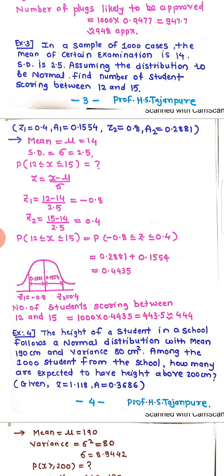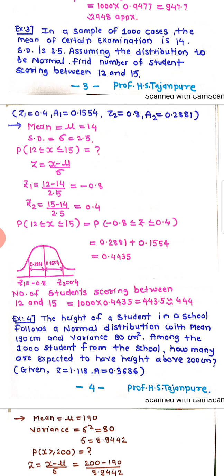So now see, the mean is given, which is mu, and it is equal to 14. Standard deviation sigma is 2.5, and the question is to find the probability of x lying in between 12 and 15. Again standardize it.